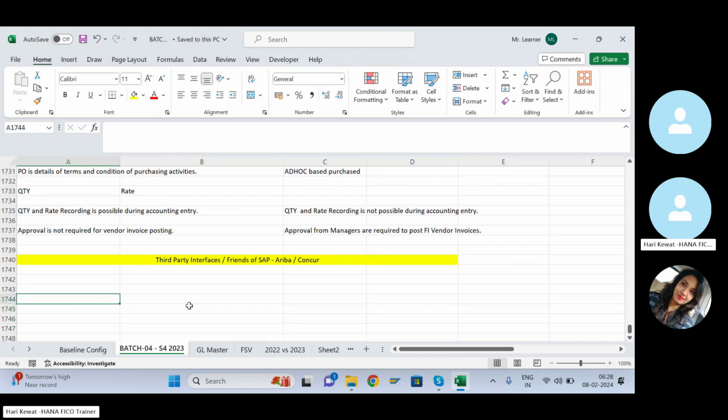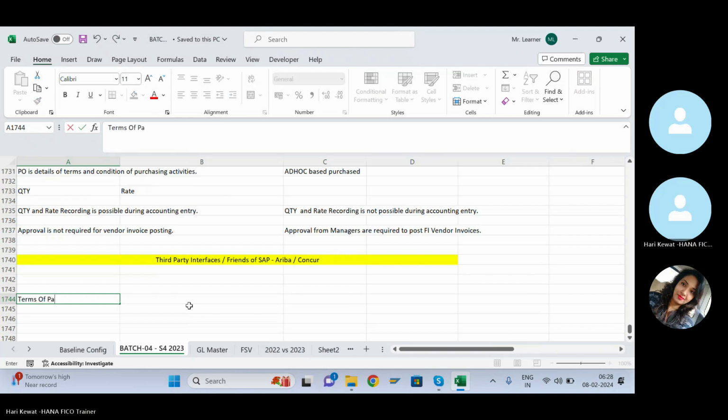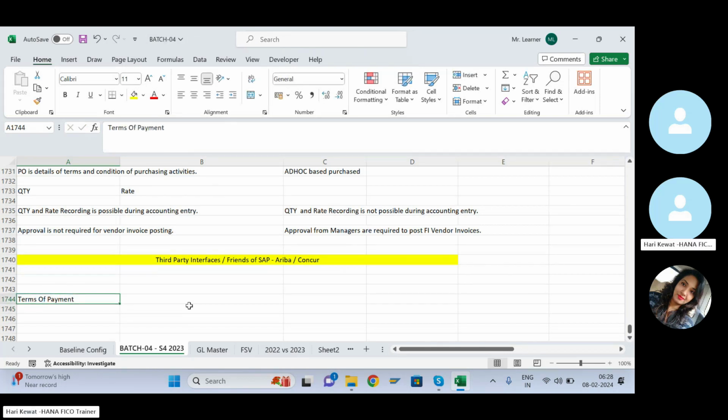Then another very important point in accounts payable you have to learn is terms of payment. Terms of payment is also known as payment term. So terms of payment basically talks about two things. It will talk about the due date and it will talk about the cash discount.